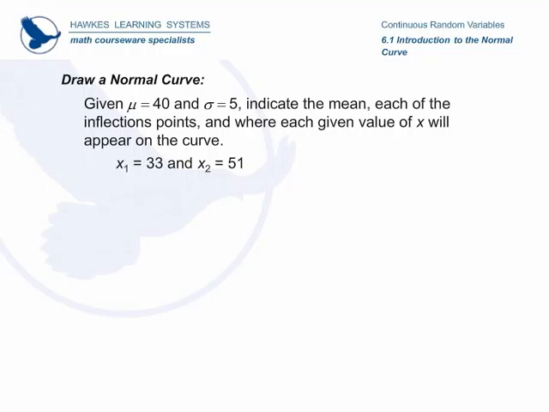Now let's draw a normal curve given the mean equals 40 and the standard deviation equals 5. Indicate the mean, each of the inflection points, and where each given value of x will appear on the curve. x sub 1 equals 33 and x sub 2 equals 51.